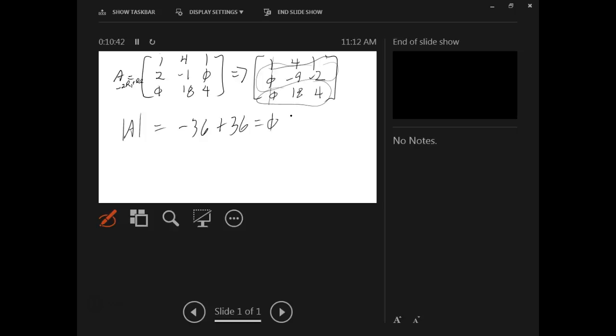But if you had done that, it says this is true in general: a square matrix has a determinant of 0 if and only if it is row or column equivalent to a matrix that has at least one row or column consisting entirely of zeros.